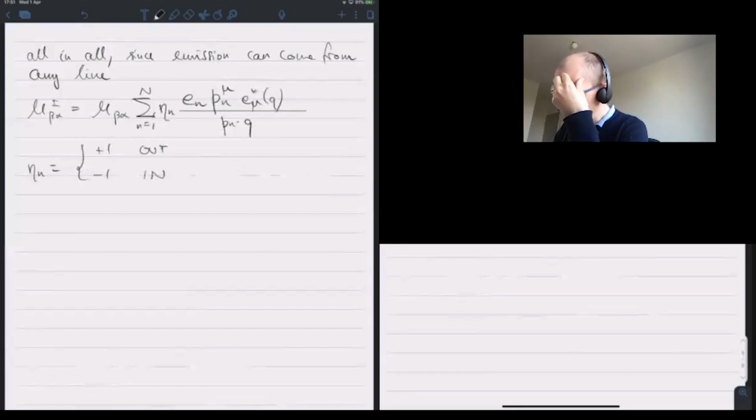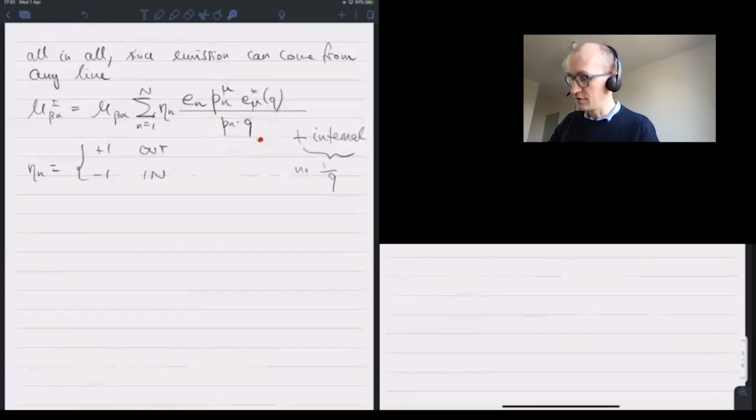Okay. And then, excuse me, I should have said there's the contribution, which I call plus internal. So there could also be the emission from any of the internal lines which are hidden in the blob. However, those guys turn out to be irrelevant because they don't have 1/q factors. They don't have these kind of factors 1/q, which actually turn out to be the singular type factors that we need to single out. And why don't they have these 1/q factors?